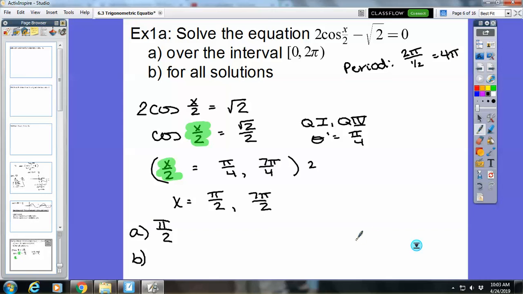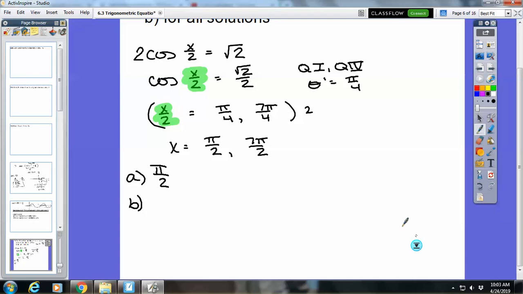So that would be a 4 pi. So for all possible solutions, all I have to do is take each of my answers and add my period, which was 4 pi. And I put a k with it because you can add it as many times as you want, where k is an integer. You can write that out in words or symbols.